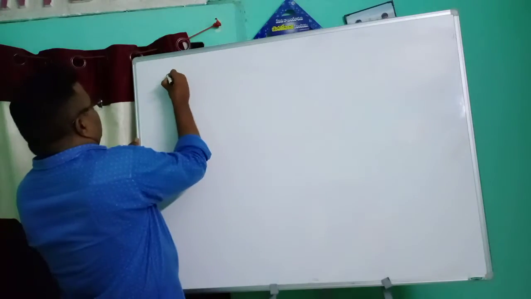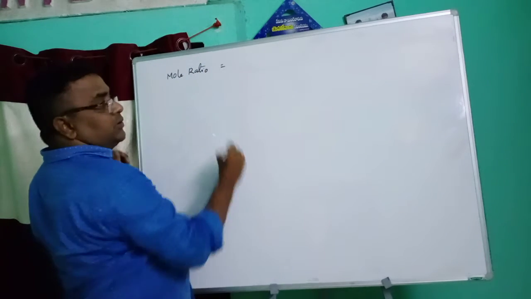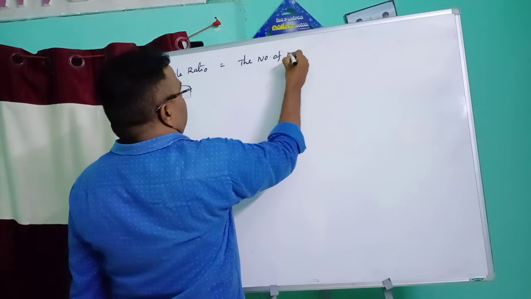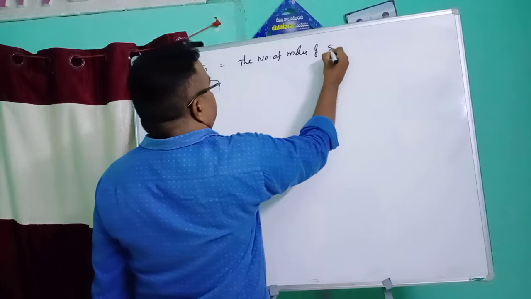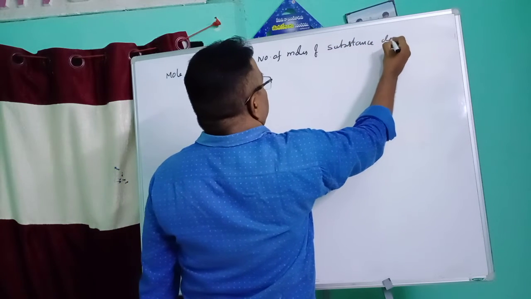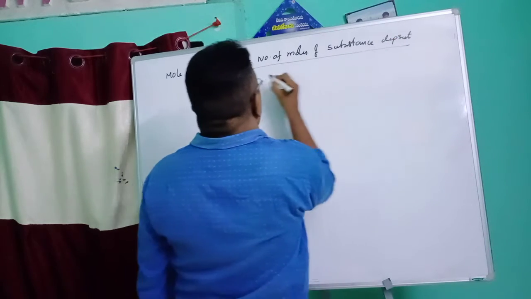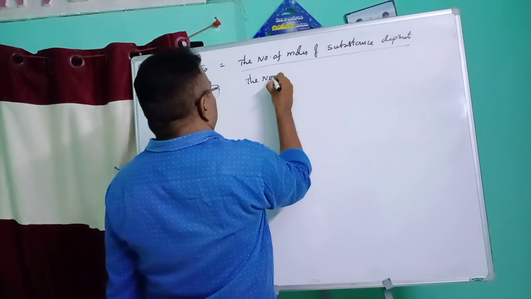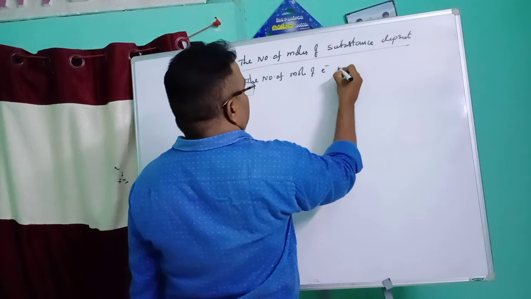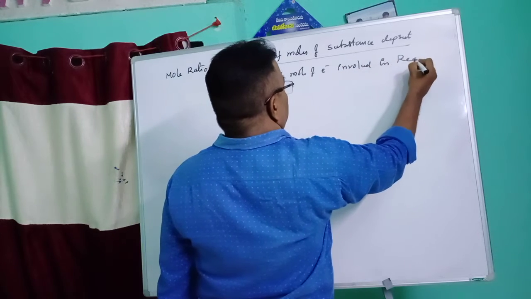So we know that the mole ratio of a substance is equal to the number of moles of substance deposited by the number of moles of electrons involved in the reaction.